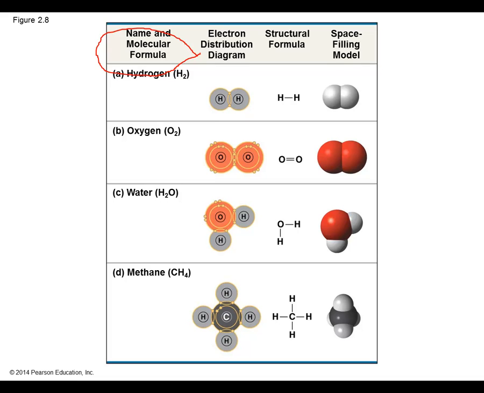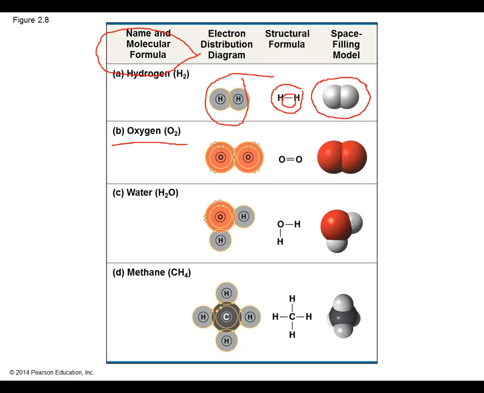And then electron sharing can be depicted by an electron distribution diagram shown here. And you can have a structural formula where the shared electron bond is represented by a line. Then you have a space filling model, and this really comes closest to representing the shape of the molecule.